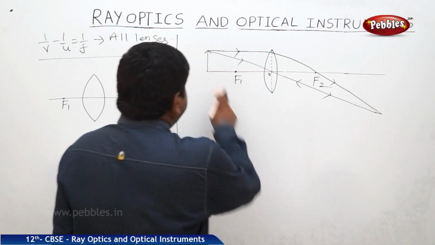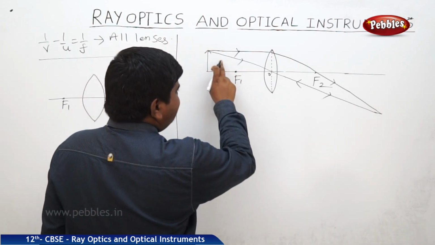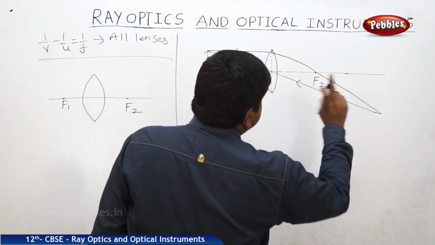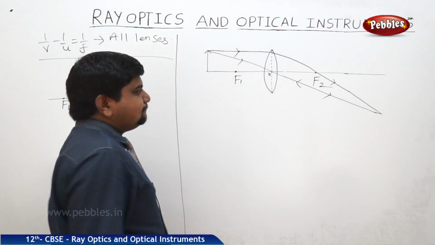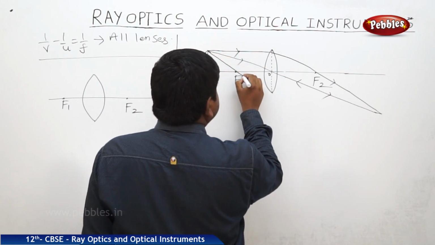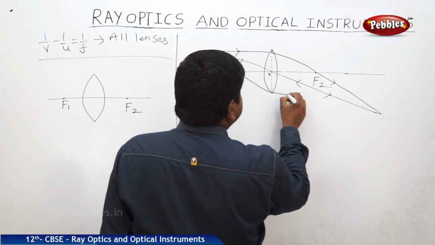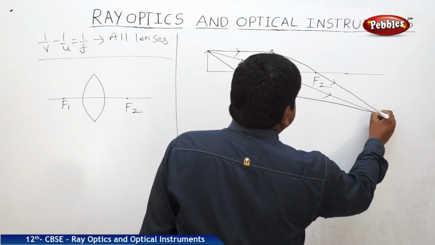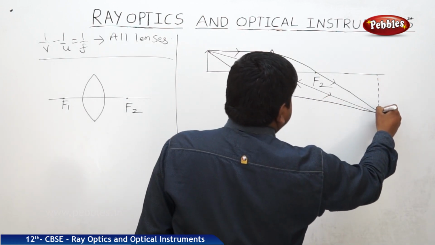And the third one: if a light ray passes through F1, after the refraction it aligns parallel to the principal axis. So here an image will form.